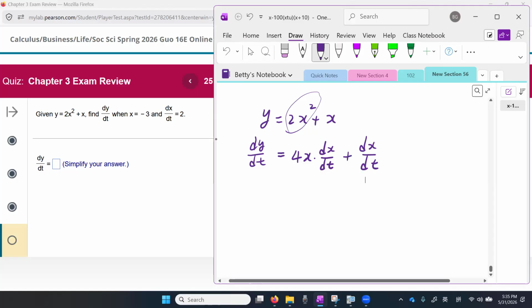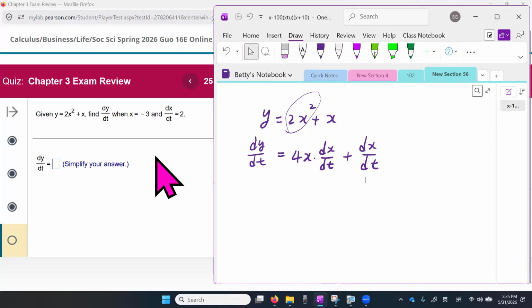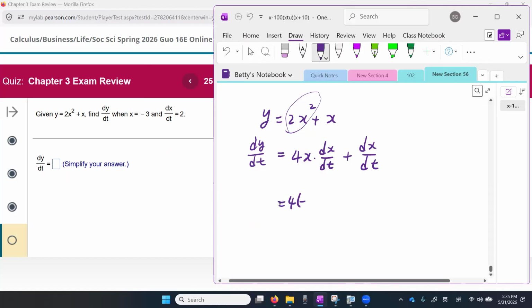Right? And what do we have? We have x equals -3. We're looking for dy/dt. x equals -3, plug in here. x equals -3, dx/dt is positive 2.